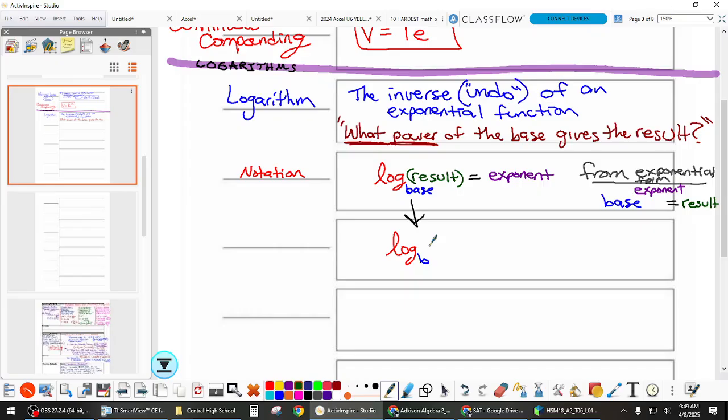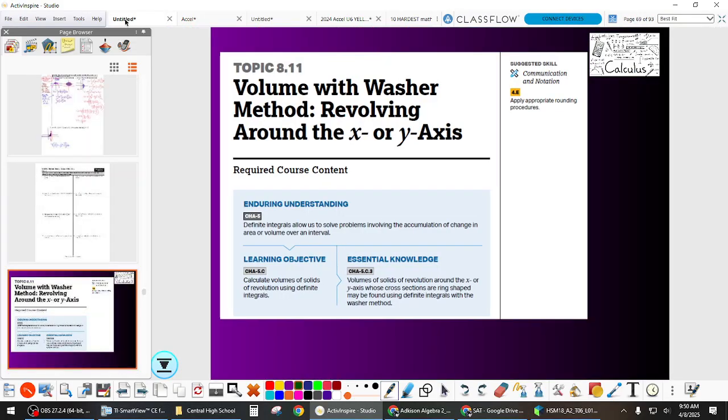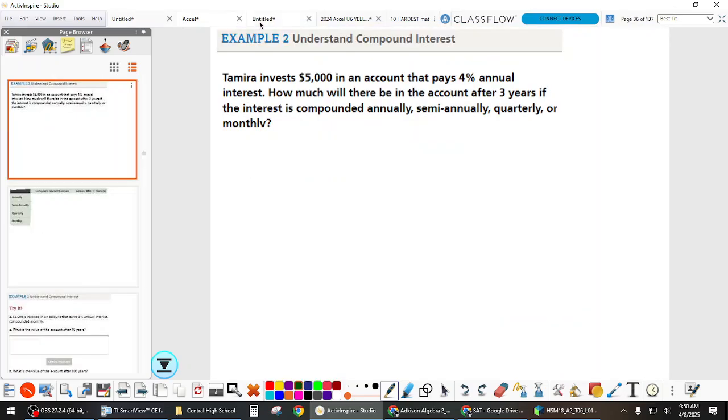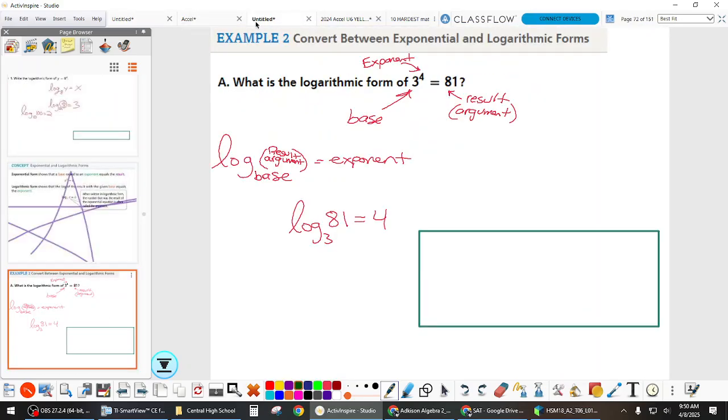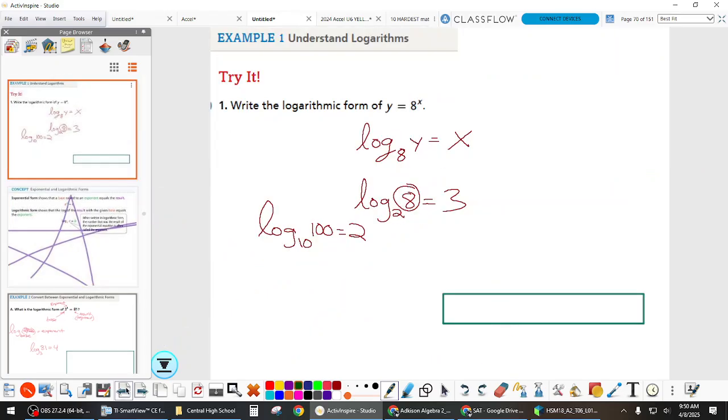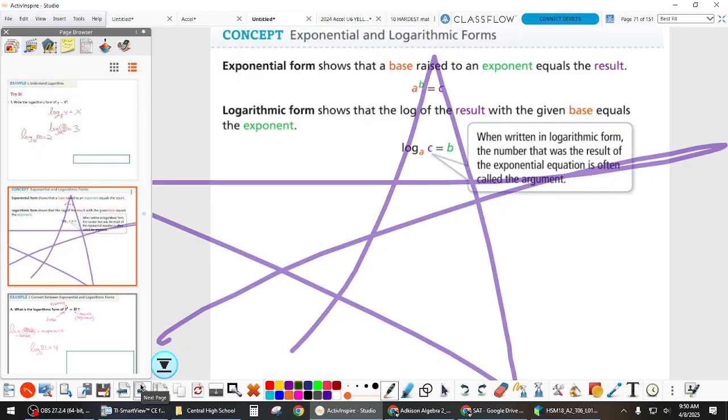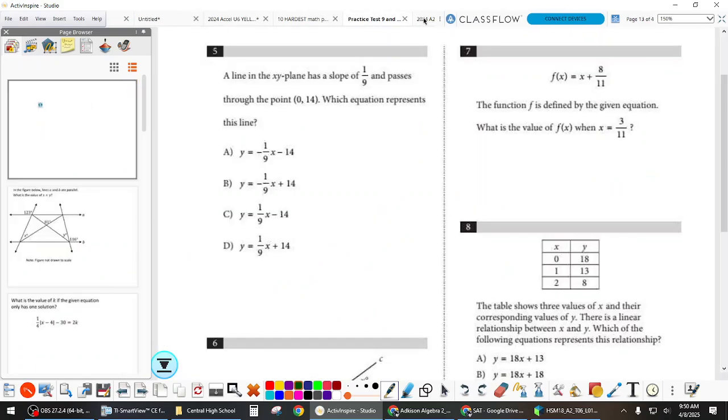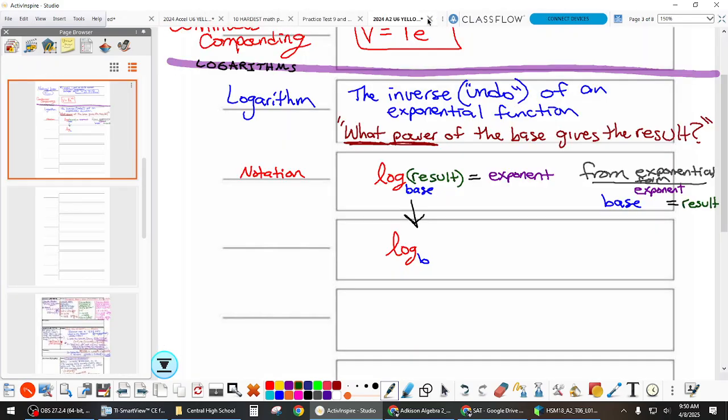What should we use for that? I want to stay consistent with what they are using. C. Okay, so that's log form, and then exponential form.